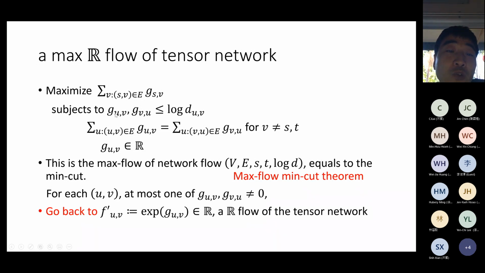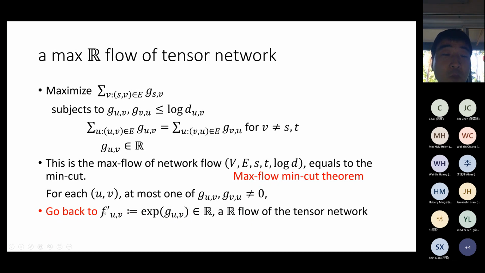And for any UV, at most one of these two is non-zero. We want the summation of GUV to equal the summation of GVU for any V not S, not T, and GUV is a positive number. So this is just the max flow of the network with capacities log D, which equals its min cut by the classical max flow min cut theorem.